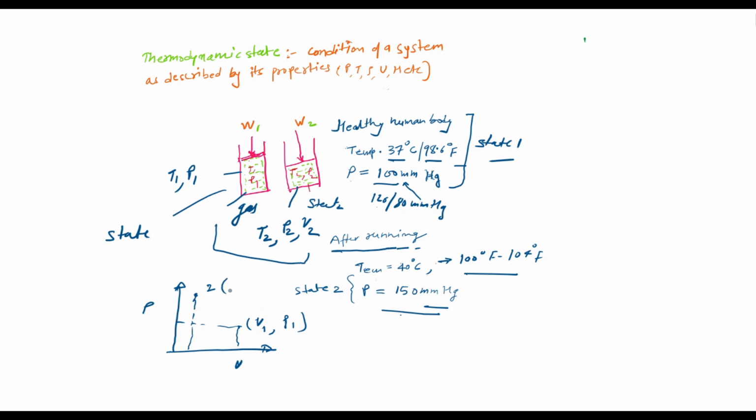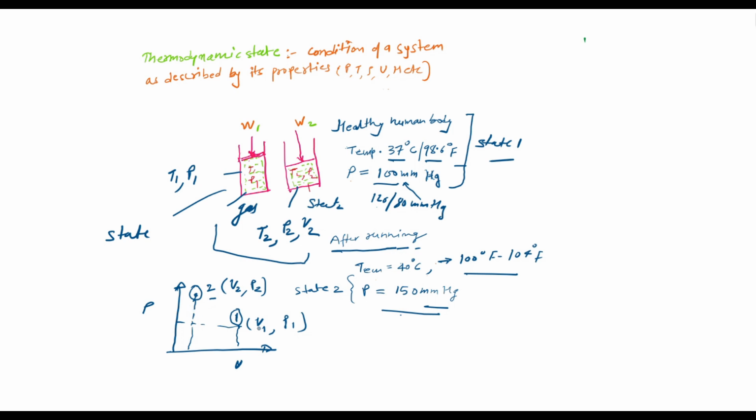So the volume is V2 and the pressure is P2. We can show this state in a PV diagram: this is state 1 and this is state 2.